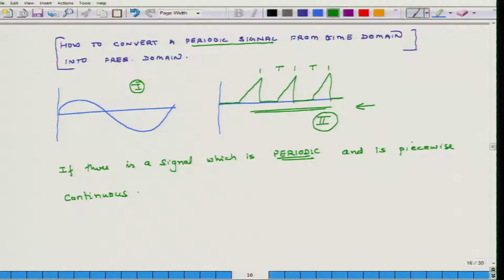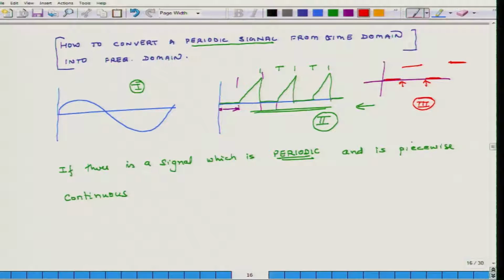What does piecewise continuous mean? This signal is continuous in this piece, and it is also continuous in this region, and in this region. Another periodic signal could be this. So, it is like this, this, this, this. At these points the signal is not continuous. So, this is a type 3 signal.